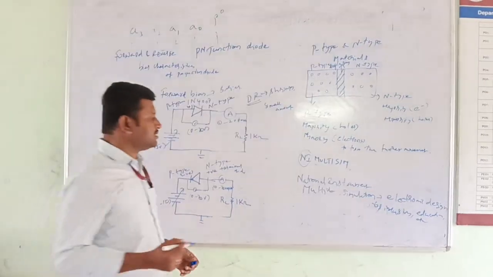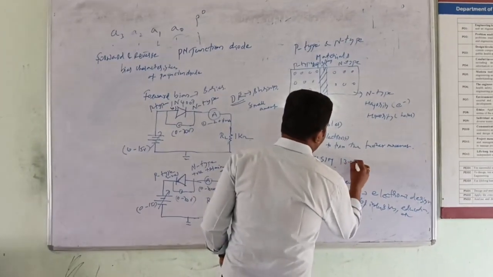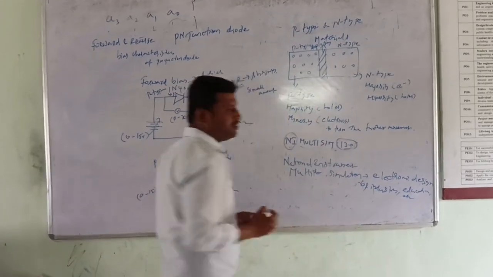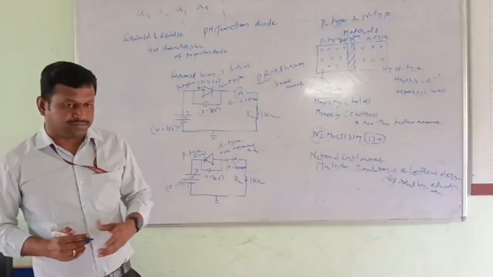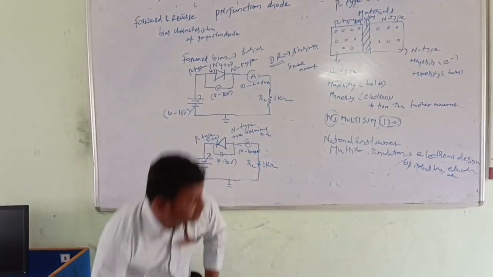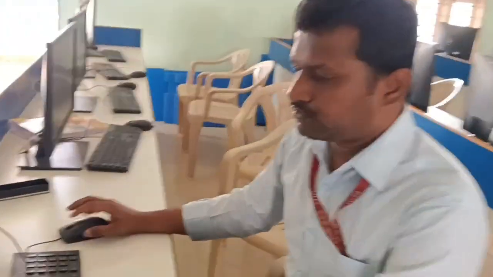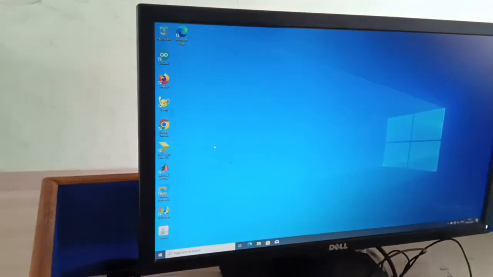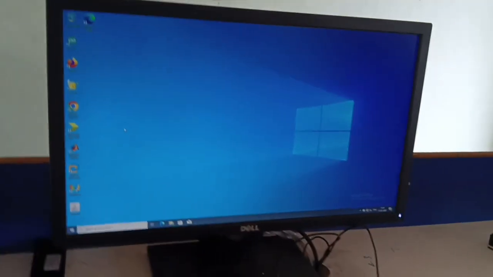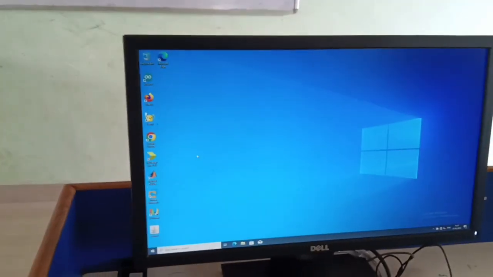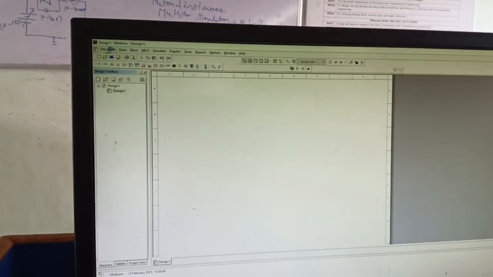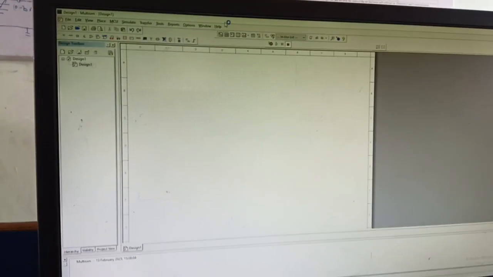Next, what is NI Multisim 3.0? This is the version. Next, you can see in the system the NI Multisim software. Open the NI Multisim 3.0 software. Here file, edit, view, place, everything is available.